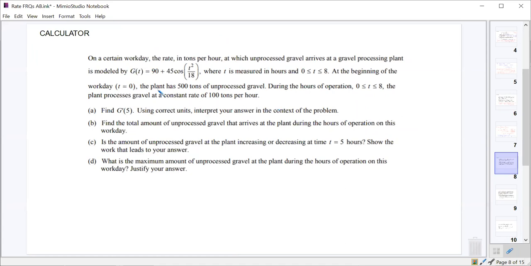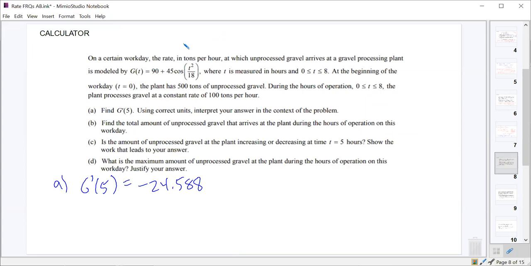Just evaluate the derivative of that on your calculator. So G prime of 5 came out to be negative 24.588. And then it says using correct units, interpret your answer. So G is given to us in tons per hour.